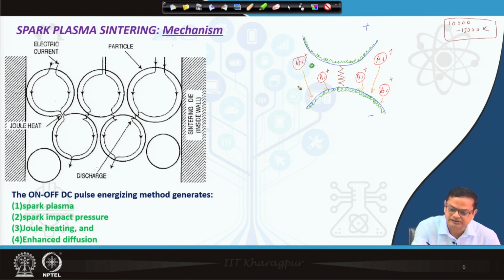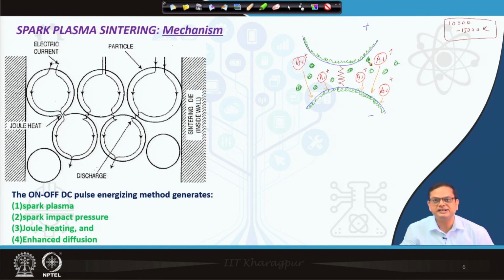So, let us say these green balls are the vapor clusters. Okay. And in which direction will these vapor clusters move? They will be having Brownian motion. So, they will be hitting anywhere, any side. Okay.